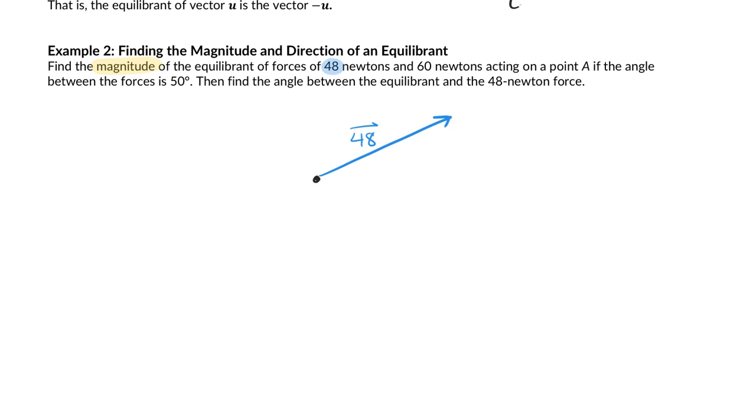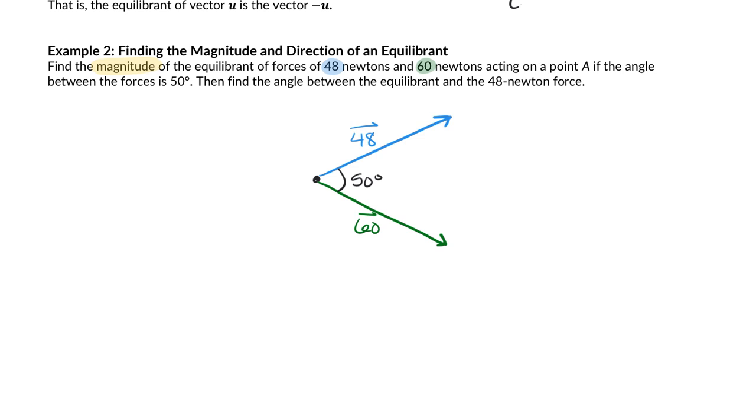There is another force. What's the other force? 60. So 60 newtons is also acting on it at the same time, but it's going to go this way. It says the angle between the forces is how much? 50 degrees. We're not necessarily going to find the magnitude of the resultant.